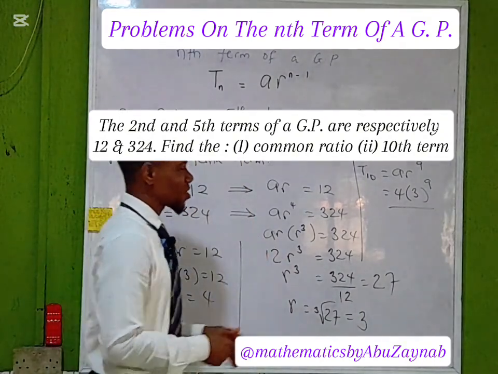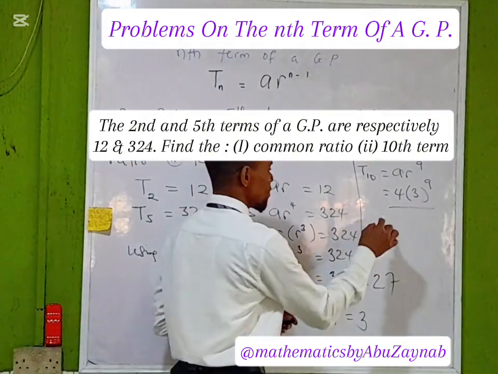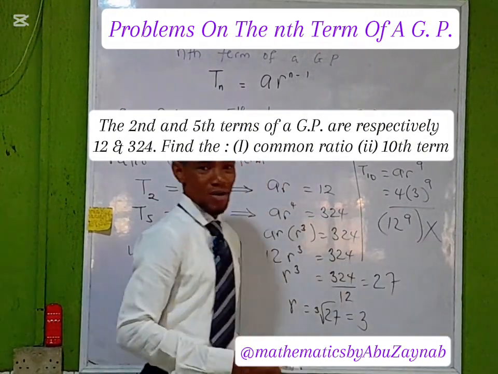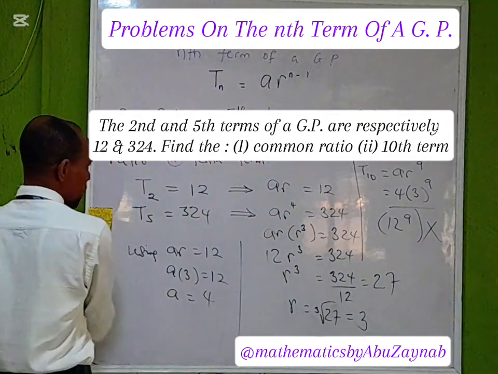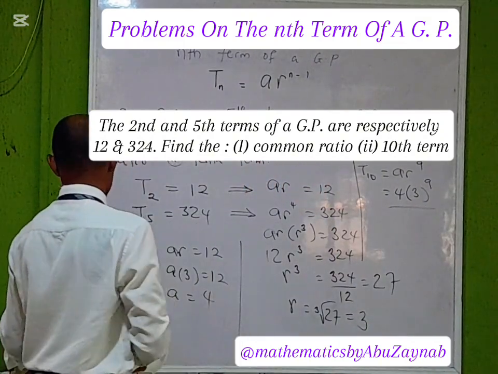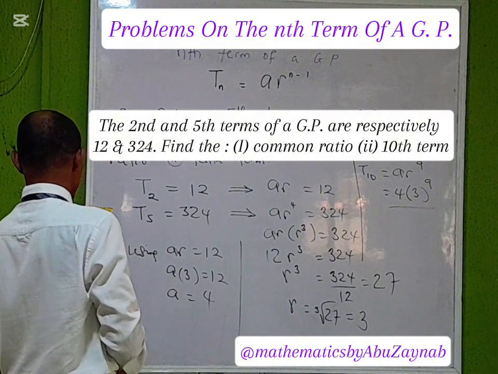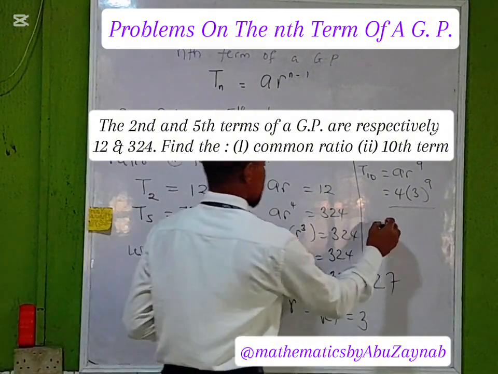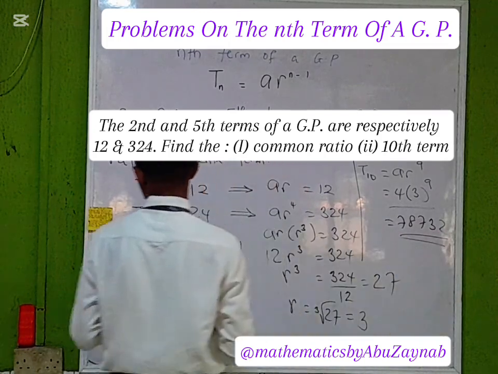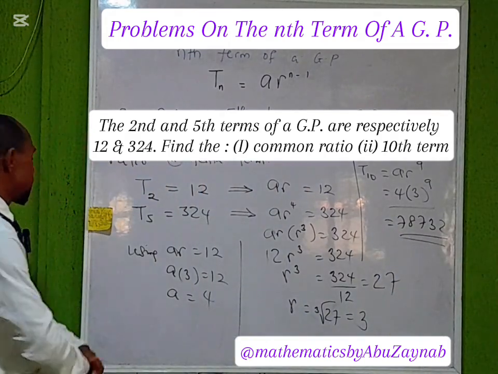Please don't make the mistake some students make in the exam of saying 4 times 3 is 12, then 12 to the power 9. This is wrong. Very, very wrong. Okay, so that's basically the solution there. So if you actually do the computation, we're going to have as answer 78732.